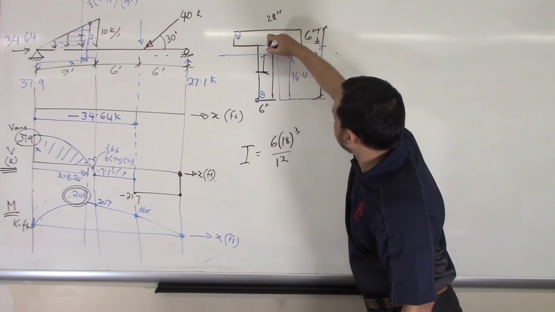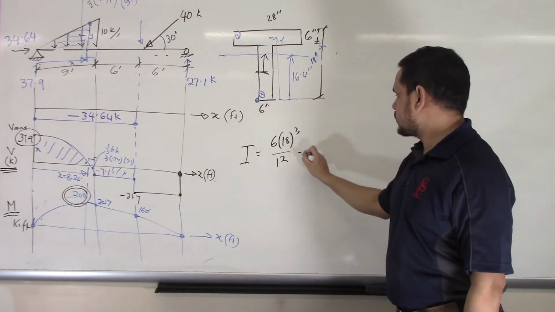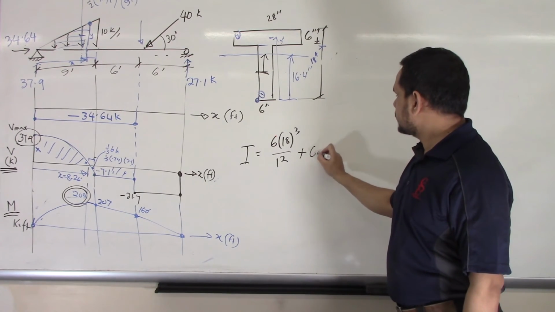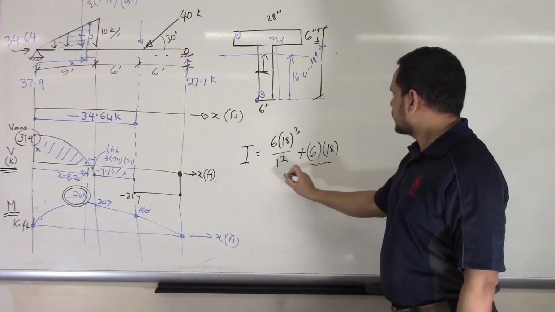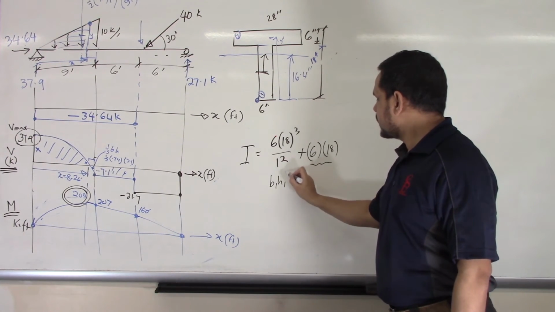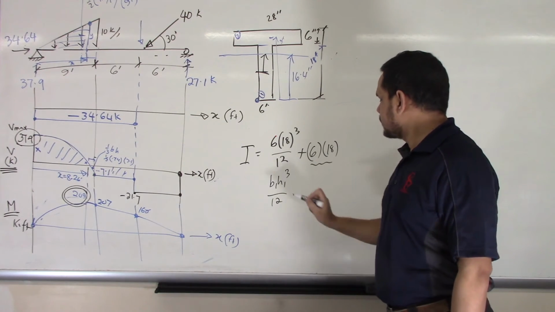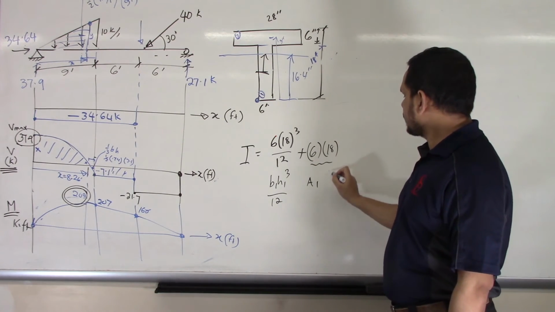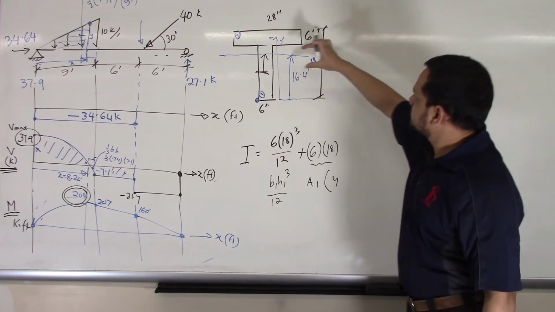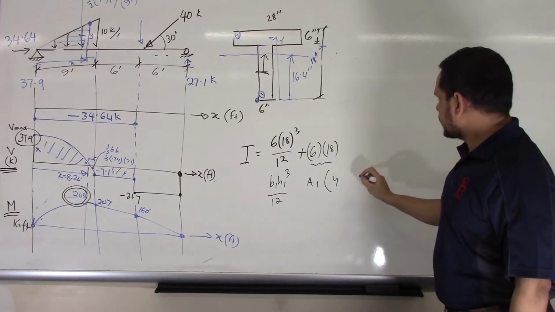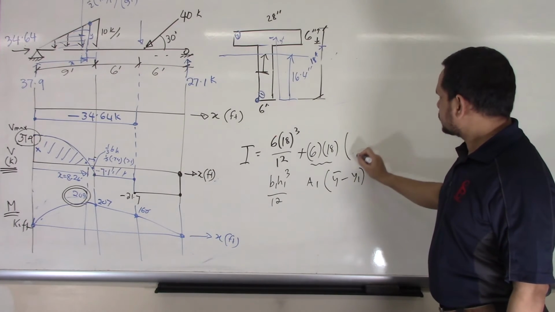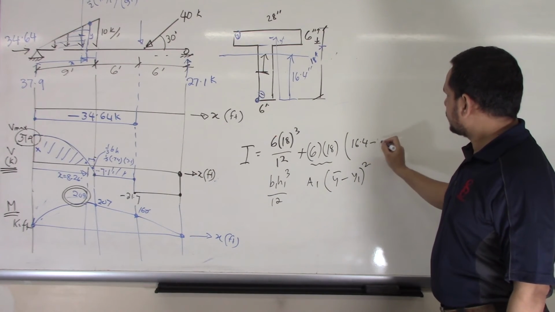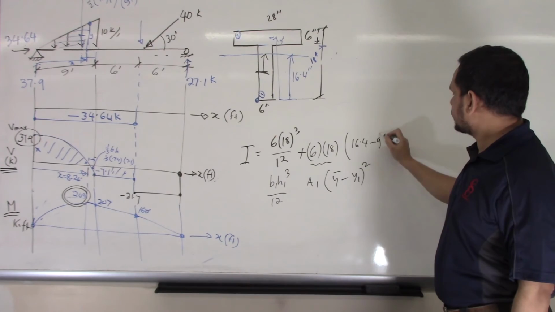I have to transfer it to the composite centroid. How to do it? Area 1 times the distance squared. What is this distance? In short, we know y bar minus y1. So what is y bar? 16.4 minus y1, which was 9.